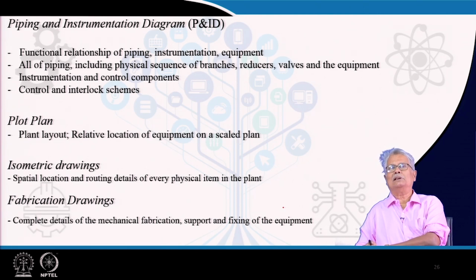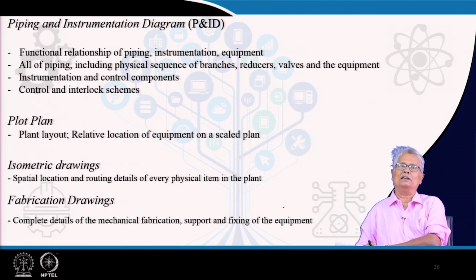Naturally, if you are to build a plant, you require a plot. So, the plot plan shows the plant layout, which will very clearly show the relative location of the equipment in a scaled plan. For example, if you have a particular wind direction, a furnace usually is located downwind so that any heat from the furnace does not affect your plant, or it is conducted away without affecting your plant, in a safe location.